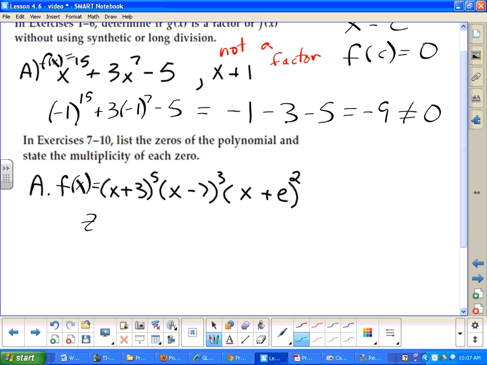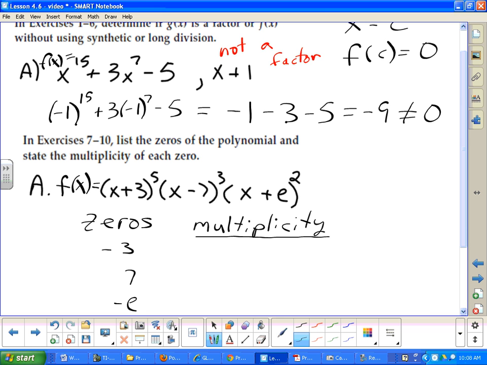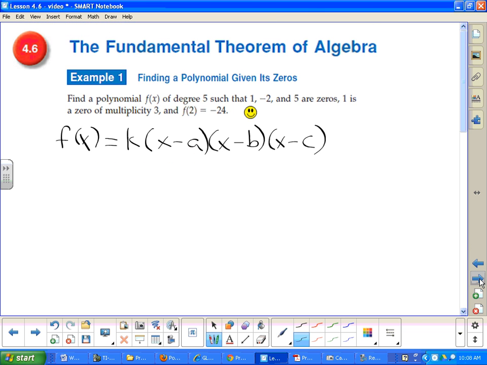So here my zeros are -3, 7, and -e. Okay? It doesn't have to be a rational number. It can be an irrational number. So the multiplicity is just the degree of each factor. So 5, 3, and 2. Easy as that.